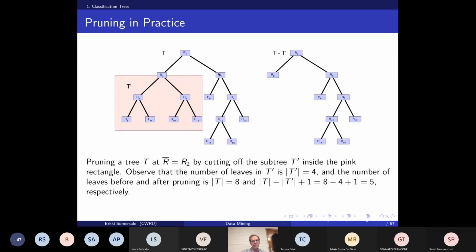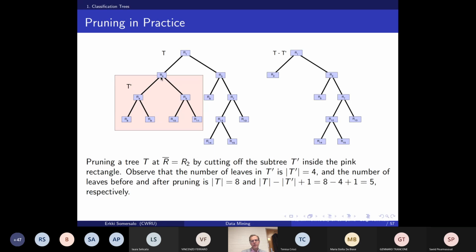So here is a tree, and this T is a tree, and suppose I choose one of these rectangles, in this case R2, and I'm cutting off my tree at R2. And so I'm eliminating all the rectangles which are below this R2.